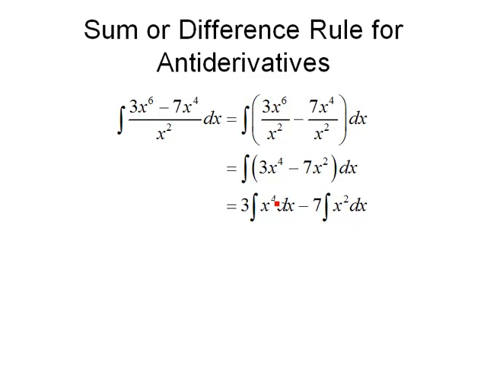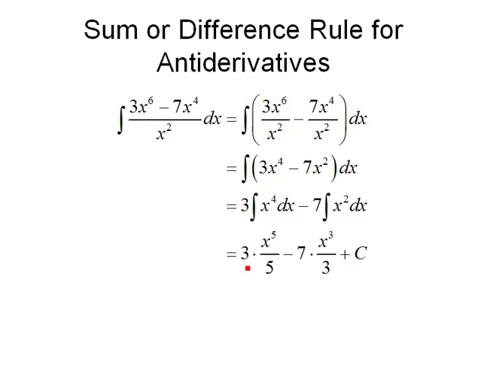Now when I break it up and I pull out my constants, I'm left with 3 times the antiderivative of x to the 4th dx minus 7 times the antiderivative of x squared dx. Now we're in a perfect position to go ahead and apply our power rule.